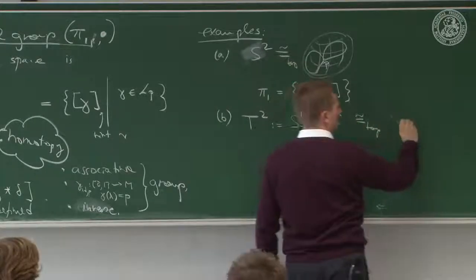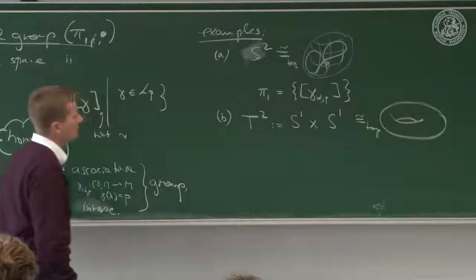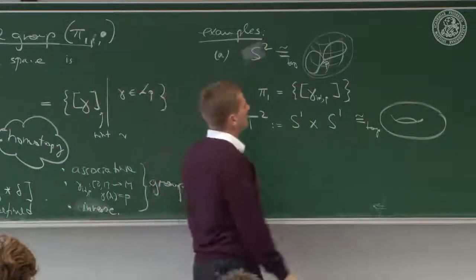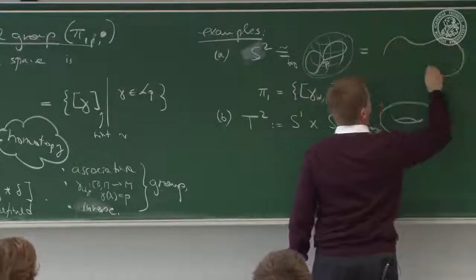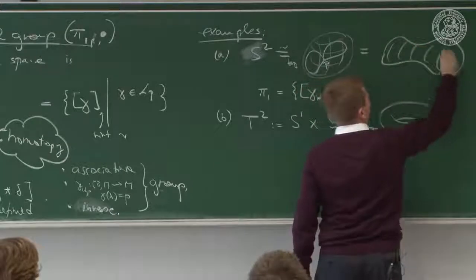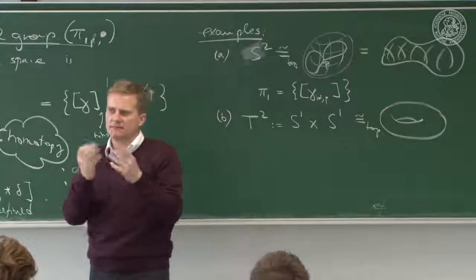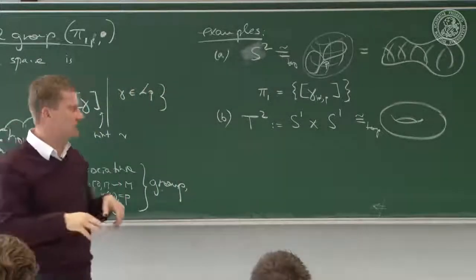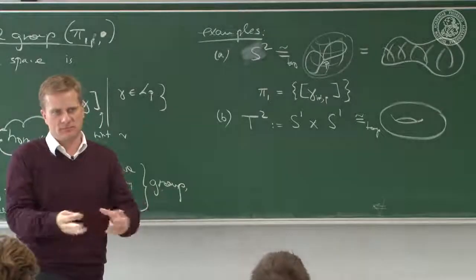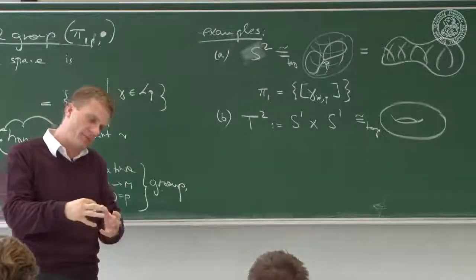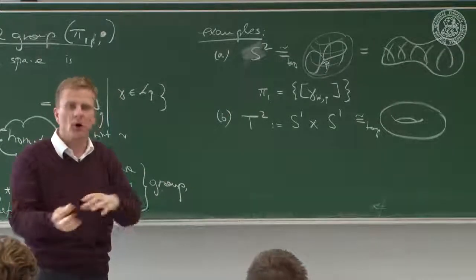I can draw a picture of the torus. It's the surface of this donut. Okay. By the way, up here, it wouldn't have made the slightest difference if I had drawn the sphere like this, because shape is something that is an intuition of ours, but topology doesn't provide a shape, because two spaces of different shapes like these two are actually homeomorphic.